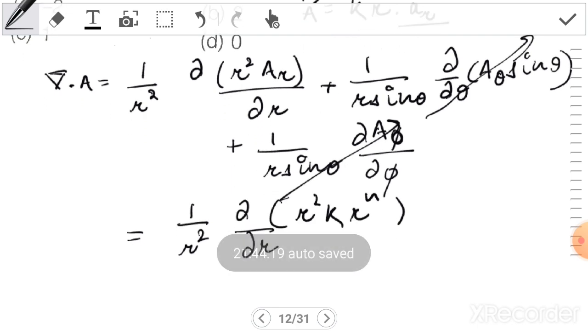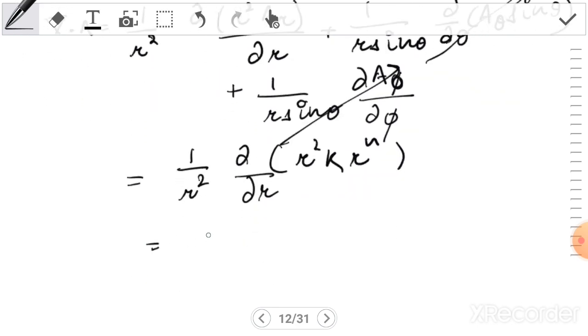Again you can write this as 1 by r square, you can take k out, so k by r square del by del r of r raised to the power n plus 2.